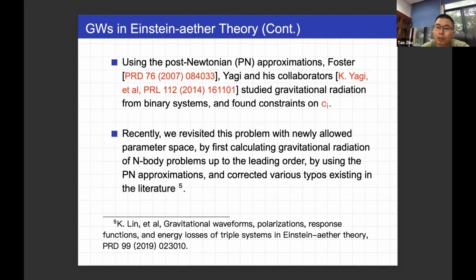Actually, the gravitational waves radiated from the binary systems have also been studied by using the post-Newtonian approximation. Recently, our group has revisited this study with newly allowed parameter space by first calculating the gravitational radiation of N-body problems. In the following slides, I will report our main results of our study.